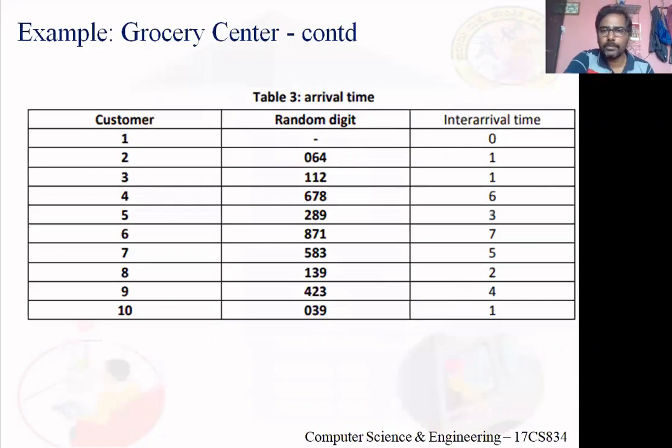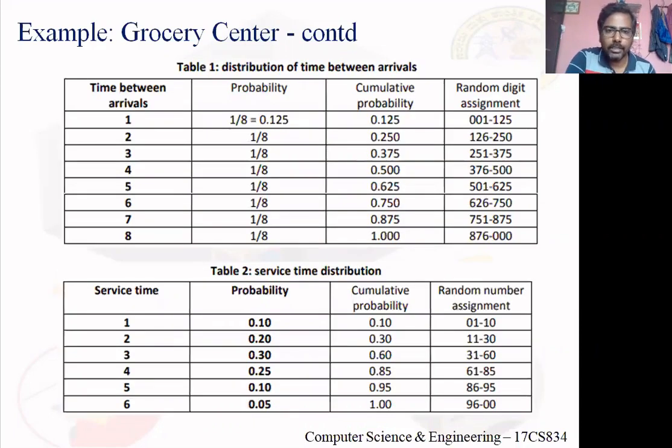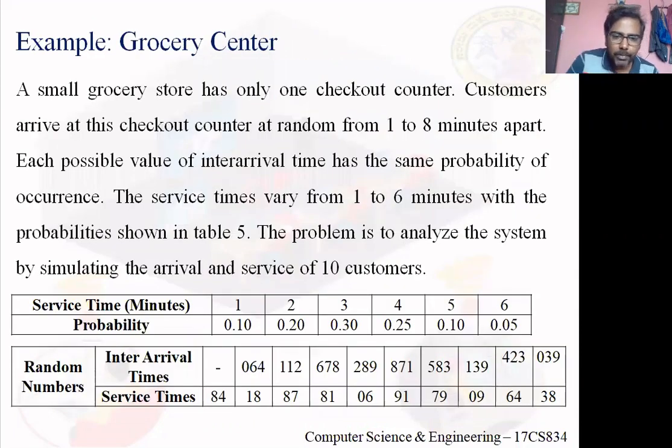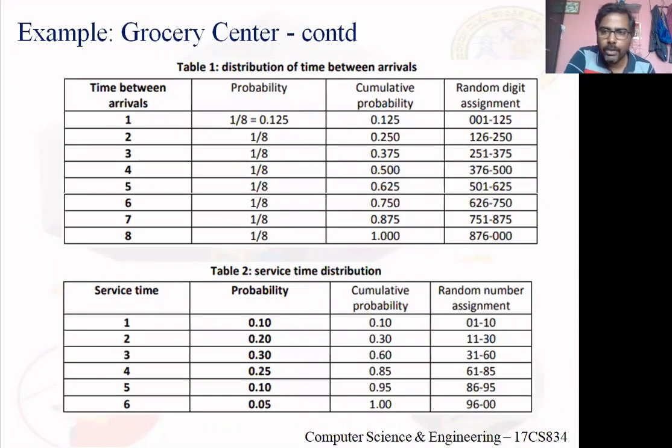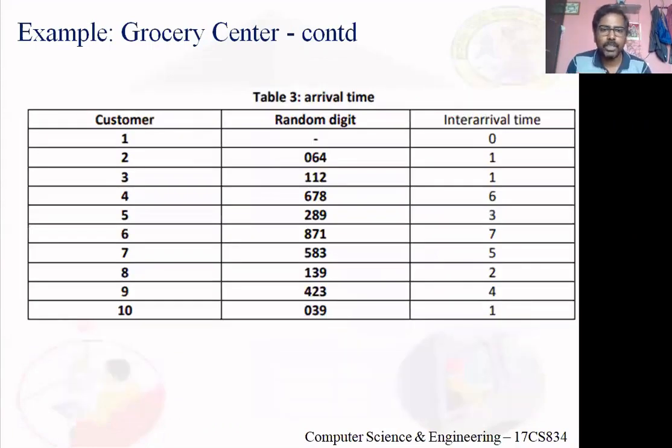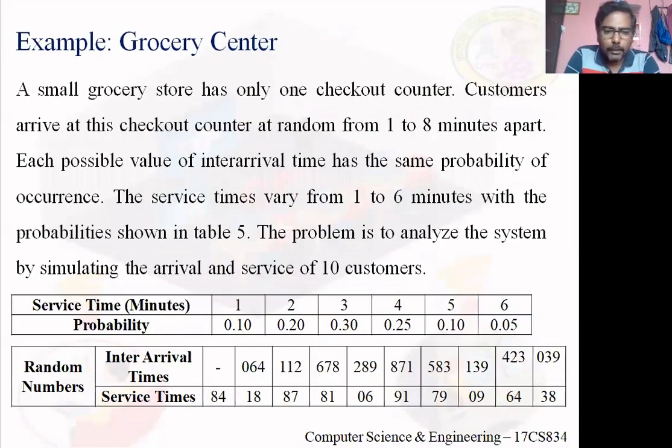Got it? So what is the next number? That is 112. Again it's in the range 1 to 125. So the inter-arrival time for the third customer is also 1 minute. Look here, the inter-arrival time for the third customer is also 1 minute. Okay, let me look at one more random number, that is 678, the inter-arrival time for the fourth customer, right?